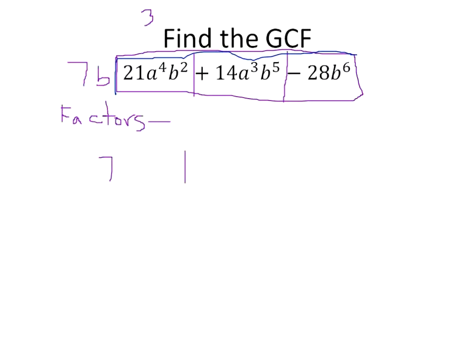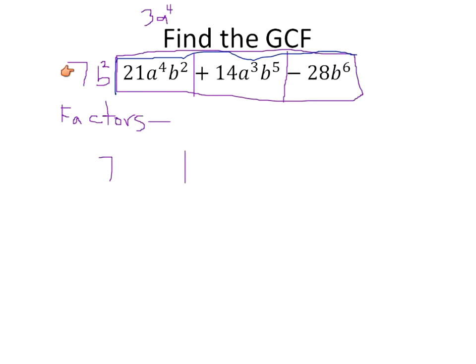Are they going to change? There's nothing there dividing them, so it'd be a to the 4th. I forgot the b squared. Basically, you're asking what number here is going to multiply by this number to give me that number?